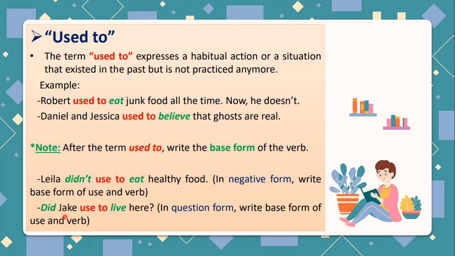In the question form, as we all know, did needs to be at the beginning of the sentence. So did Jake use to live here? Did Jake use, also without a D, to live, also base form? So that's mainly how we use this term and how we use it in affirmative, negative, and interrogative sentences.